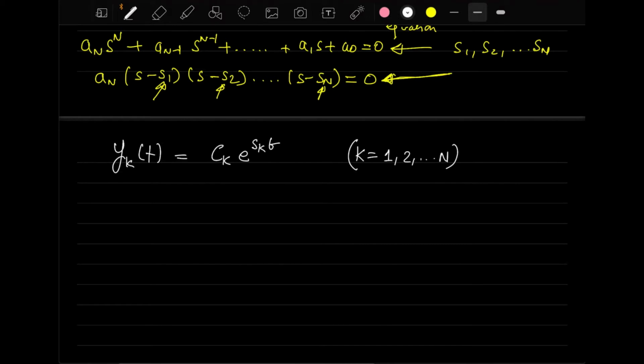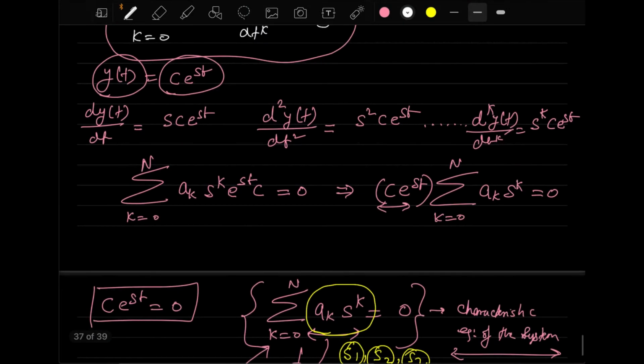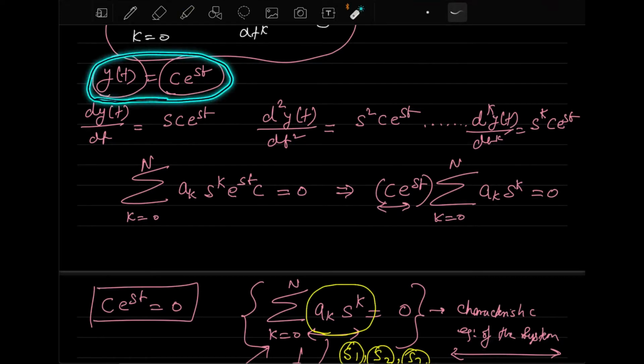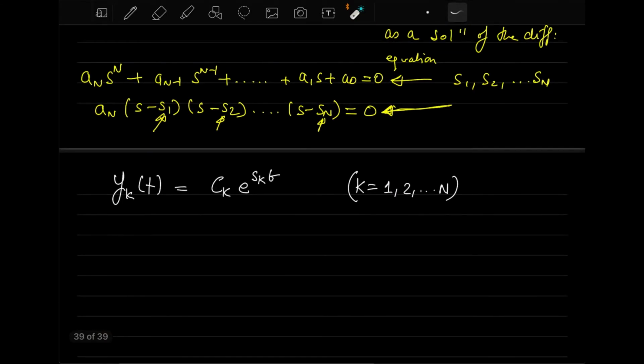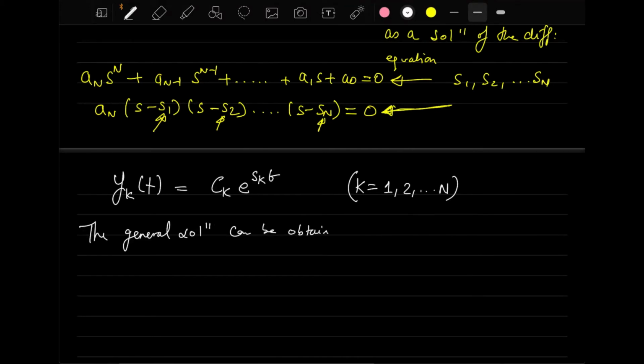And you know that the general solution of the homogeneous differential equation, which we were discussing here, can be obtained by a linear combination of all these terms which are given above.